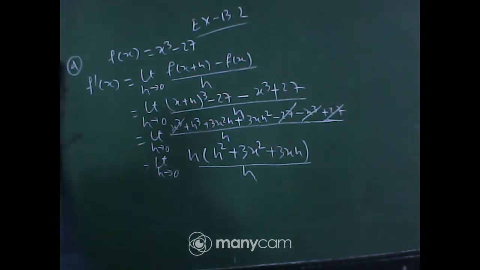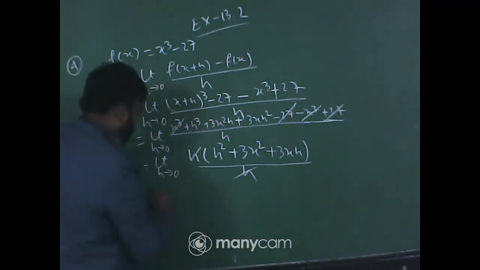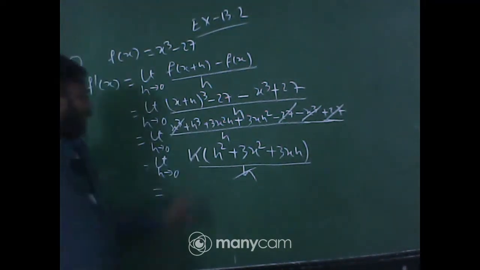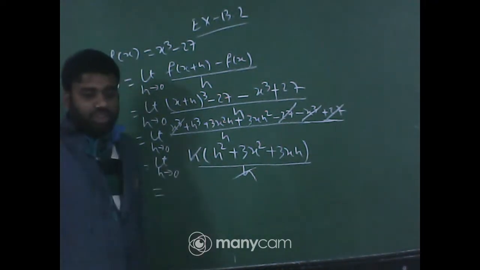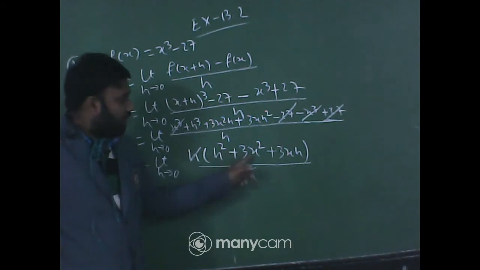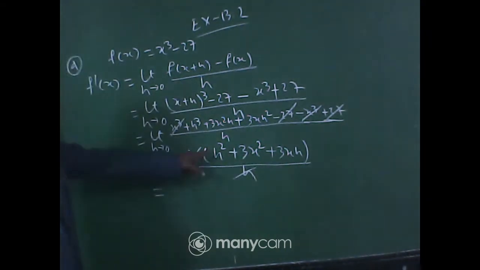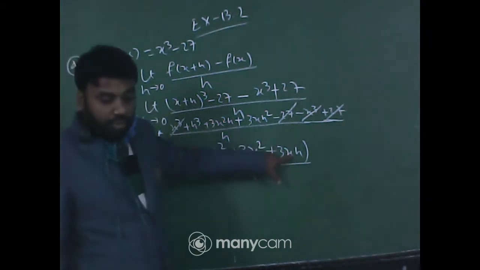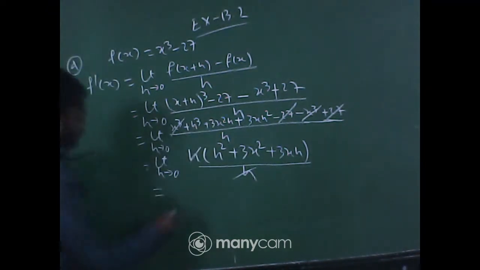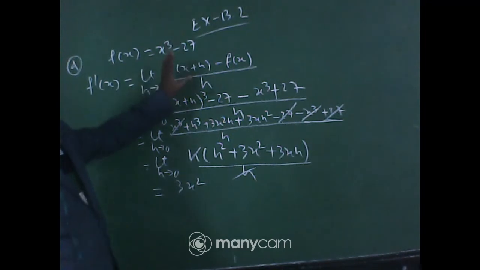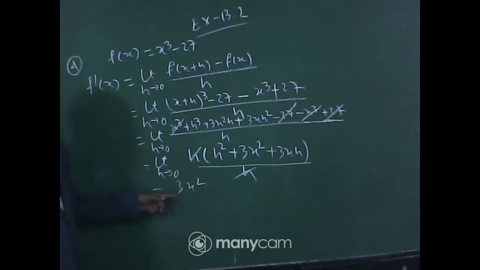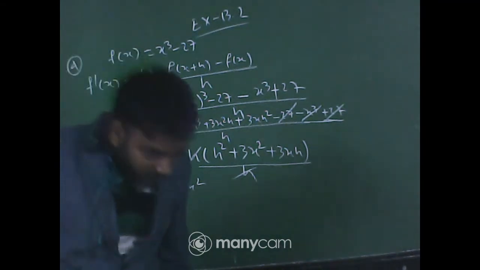So h is removed. Now if you put the value h equal to 0 in h square plus 3x square plus 3xh, the h square term will be 0 and the 3xh term will be 0. So the only remaining term is 3x square. So the derivative of that function is f dash x equal to 3x square. I hope it is clear to all of you.